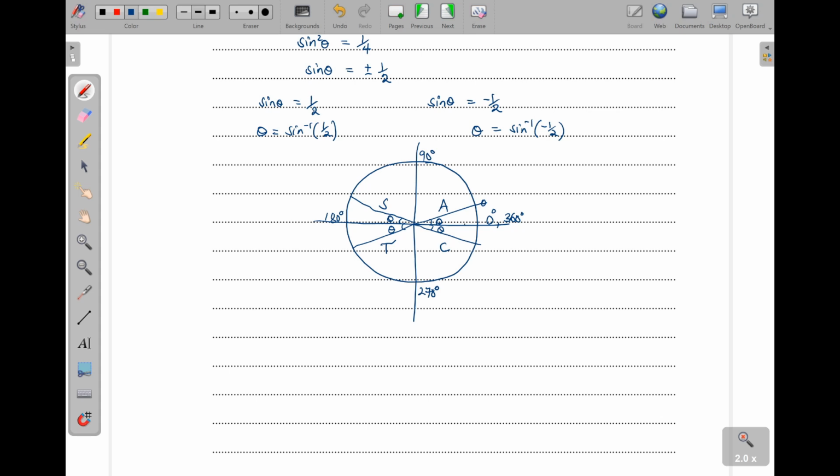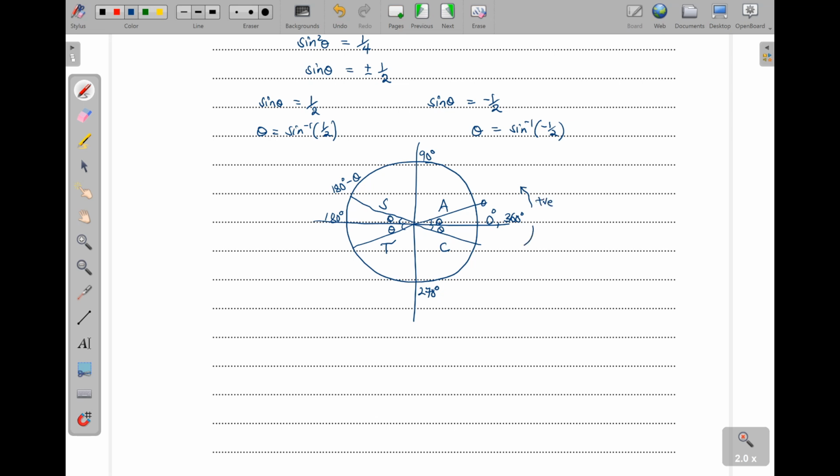Now, to move from here up to here, it is going to be this 180 up to here, subtract this theta. Okay, so we shall have here 180. If you are getting the angles from the second quadrant is 180 minus that theta. Okay, remember when you move anti-clockwise, the angles are positive.